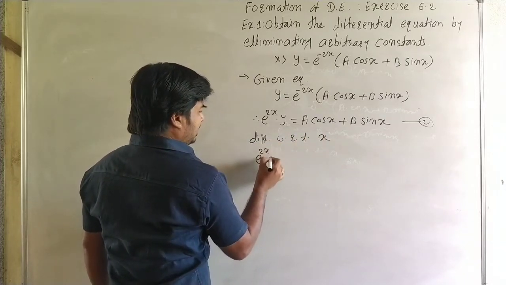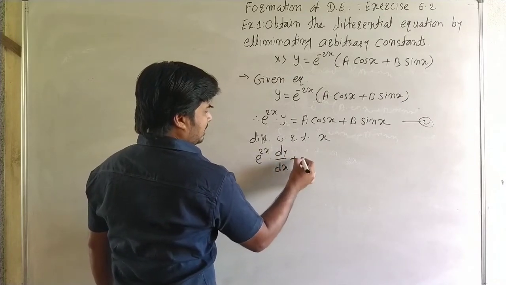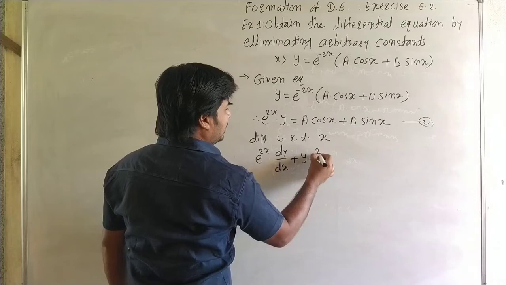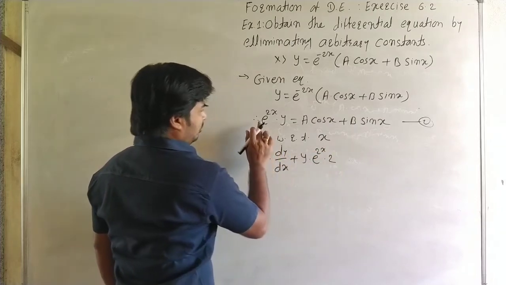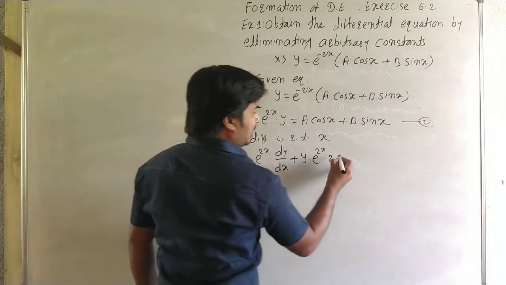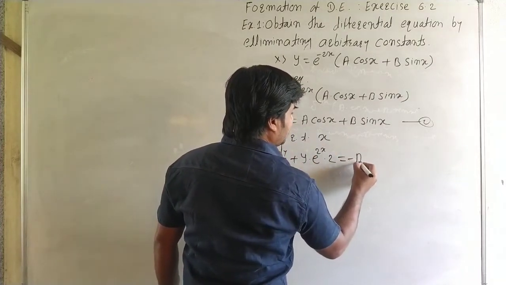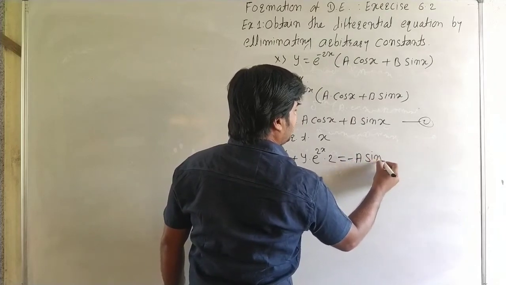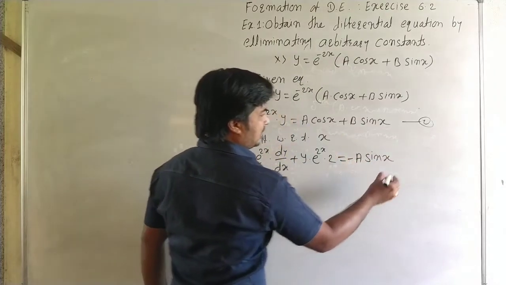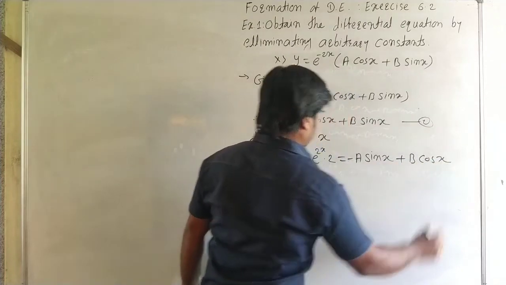e raised to 2x as it is into derivative of y plus y as it is into derivative of e raised to 2x. First as it is derivative of second, then second as it is derivative of first, is equal to a into cos x, derivative of a into cos x is minus a sin x, because derivative of cos x is minus sin x, and plus b into cos x.